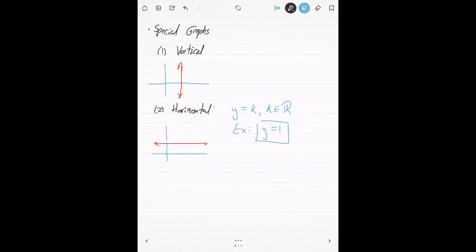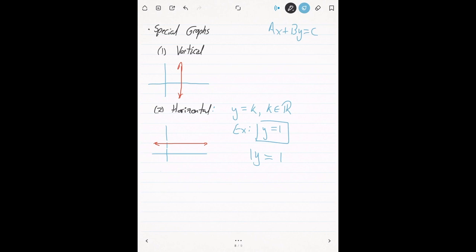Well, really, what I'm implying here is that this is a linear equation in two variables, right? I'm intending it to represent this graph. There is the variable x in here. This still is in the form of a linear equation in two variables. It still meets our definition. Remember, the definition said ax plus by is equal to c. Well, in this case, we have y being equal to 1.